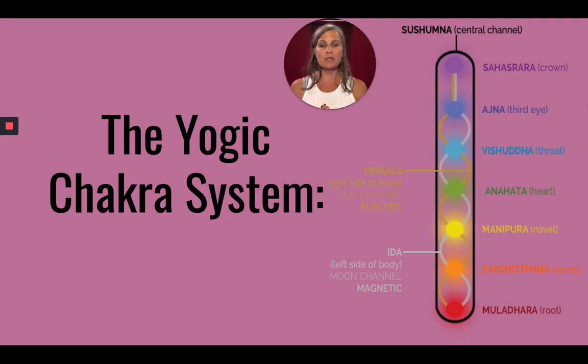When you think of life force, it's like a light bulb on a dimmer switch. We want to get up to full brightness. We want to really be shining at our full capacity, and so prana is the fuel that brightens our light. And this is the system, the chakra system.